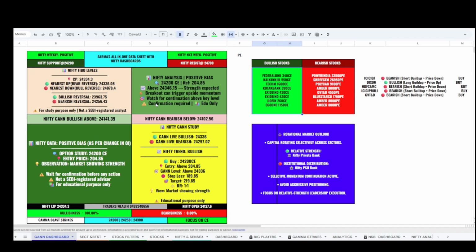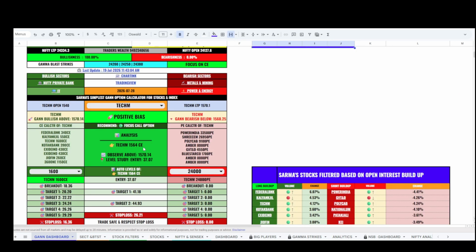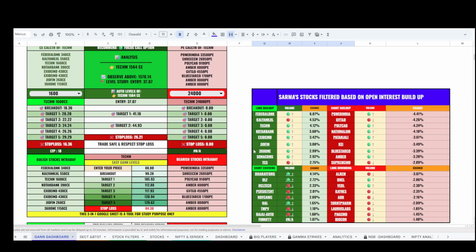This filters, with strike prices, the stocks that are bullish and bearish. Only 4 or 5 best stocks are given. If they are bullish, they move up because these are long-term strategies. We are using a swing strategy in intraday.